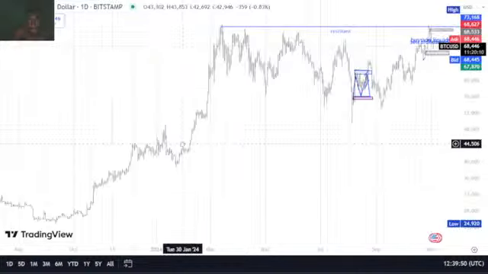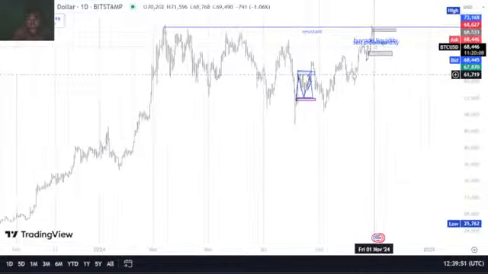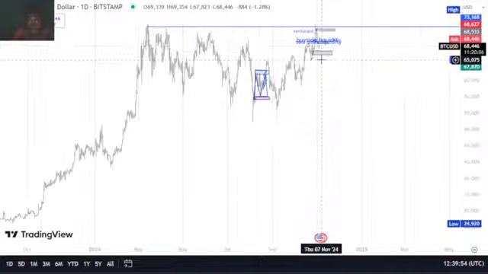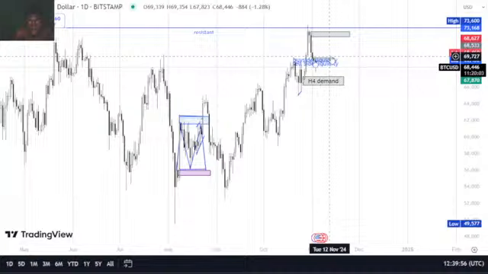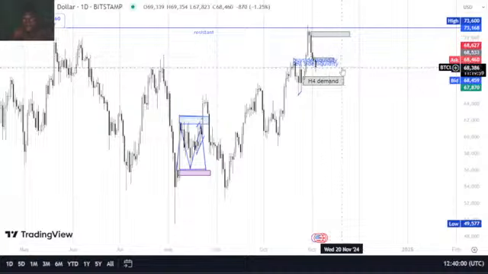Price is consolidating, yes, on this very level. That's a huge demand. So it's consolidating on this very level.